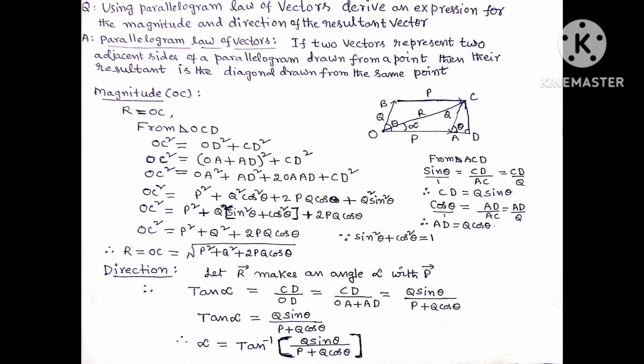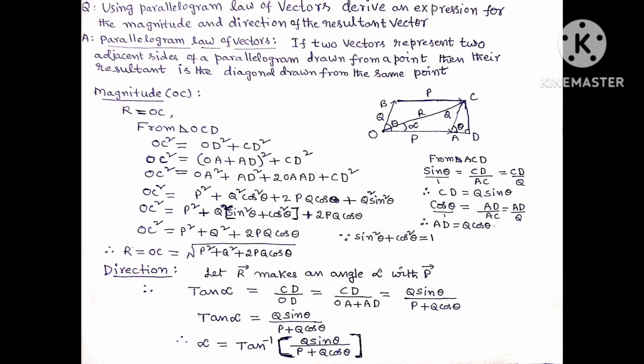Then we are going to find the direction of the resultant vector R bar. Let R bar make an angle alpha with P bar.